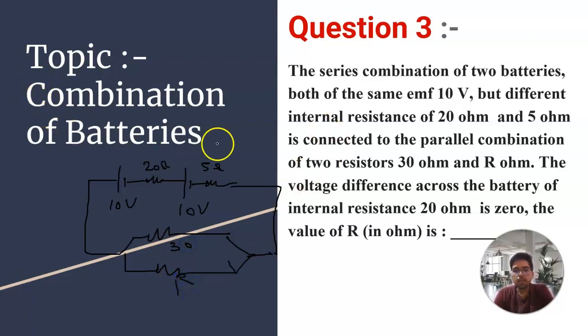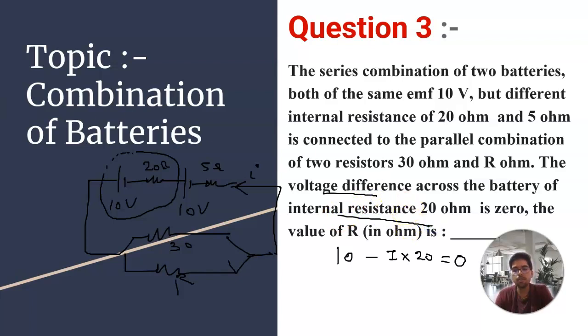The voltage difference across the battery of internal resistance 20 ohm is 0. Let us suppose the current flowing is I. Then the voltage across this is 10 minus I into 20, and this is given as 0.